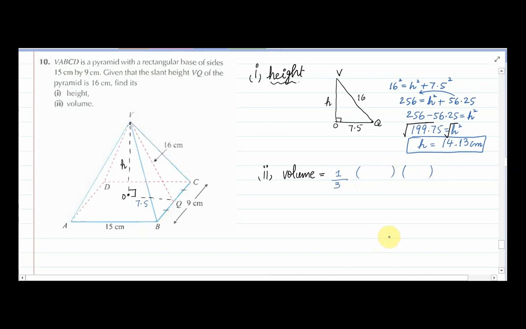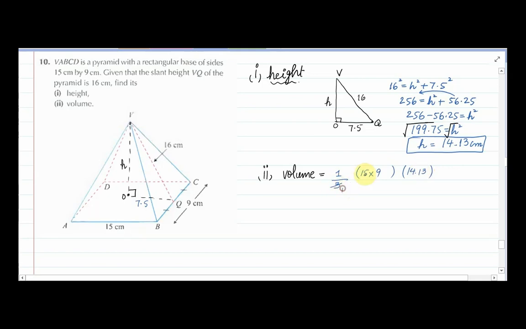The base area is the area of a rectangle, right? So it will be 15 multiplied by 9. The value of height is 14.13. You can solve it.